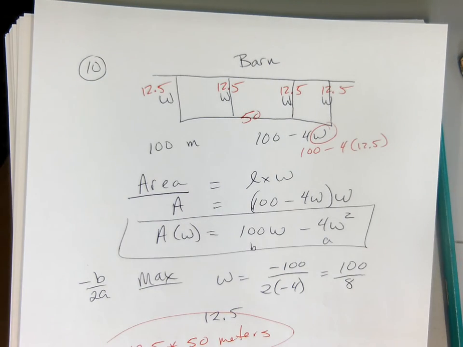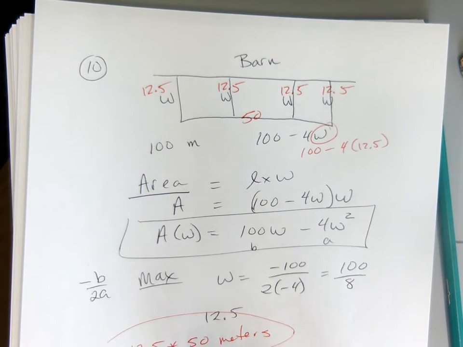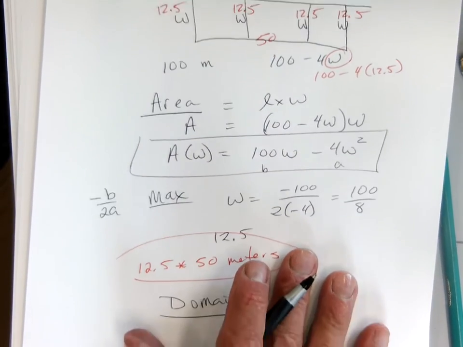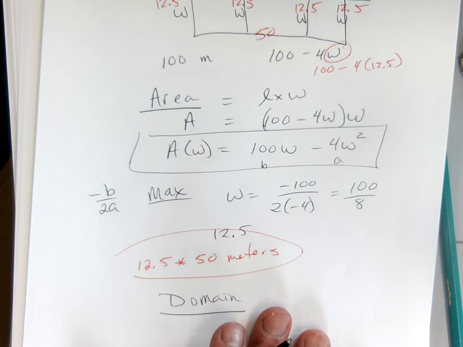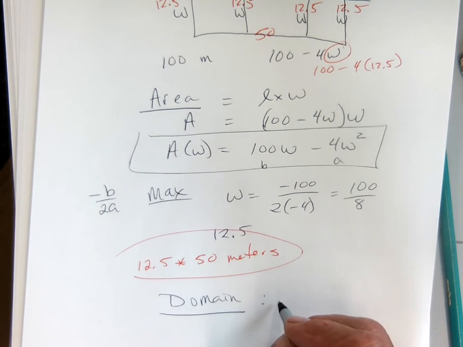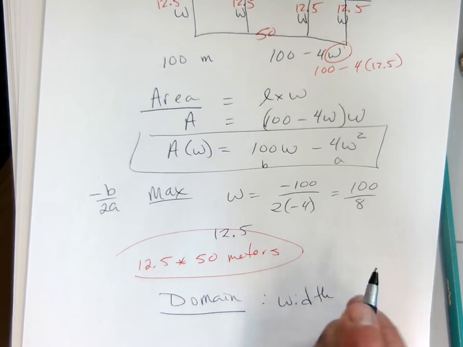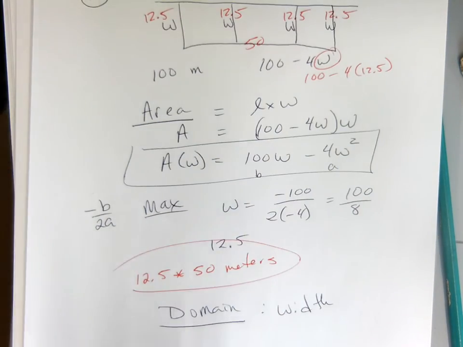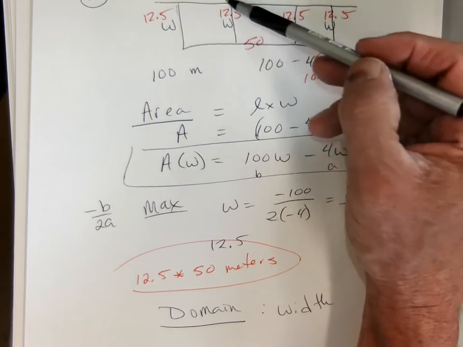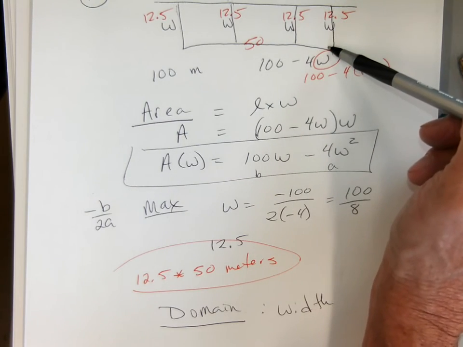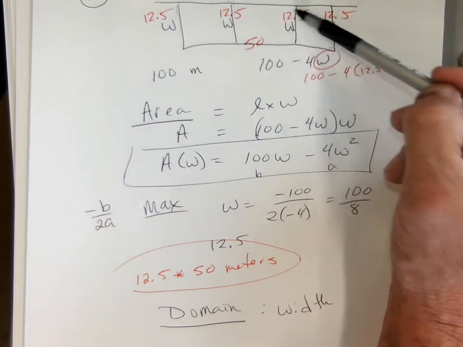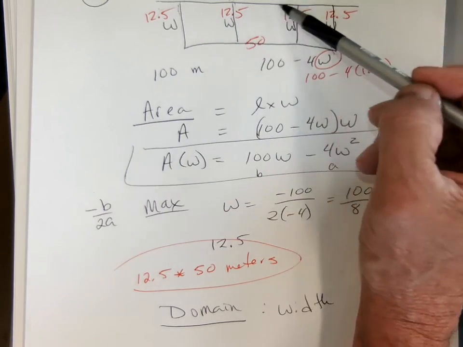How about the domain? Okay, we're going to use some common sense. Domain is the width. So we can build any fence we want with some restrictions, right? The smallest the width could be is up to 0, right? We're going to build this thing. It'd be super long, but not very wide.